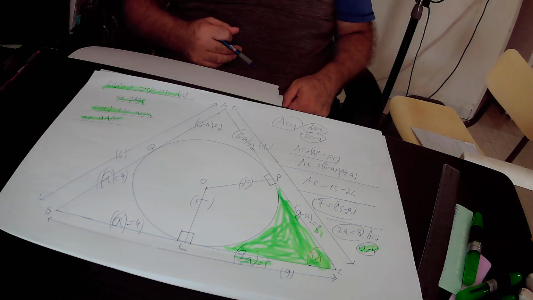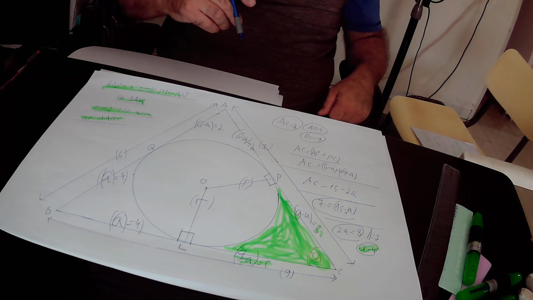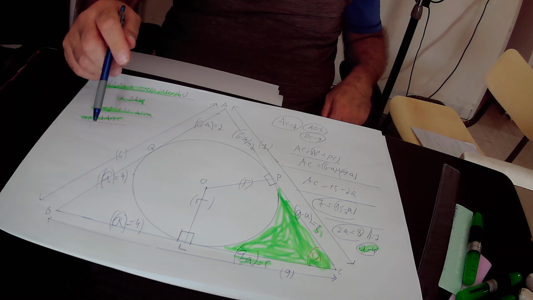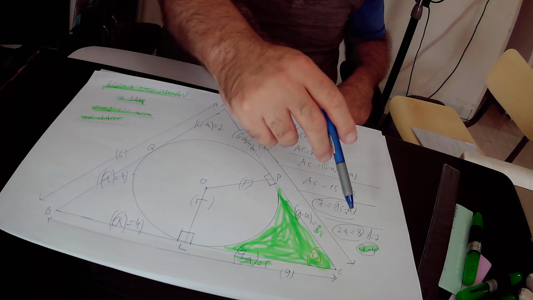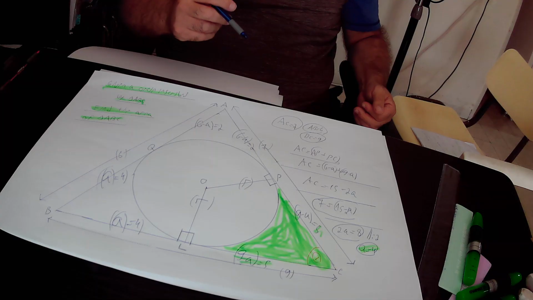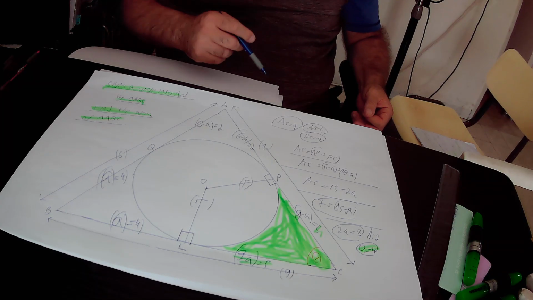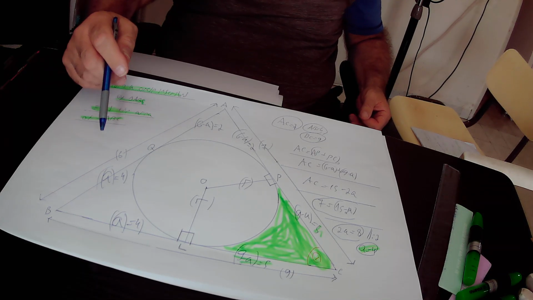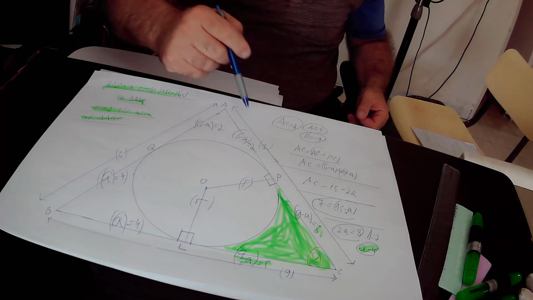And a perimeter is the sum of the three side lengths of any triangle. In this case, it is AB plus BC plus CA. This is the perimeter. The semi-perimeter is the perimeter over 2, that is to say, AB plus BC plus CA over 2.